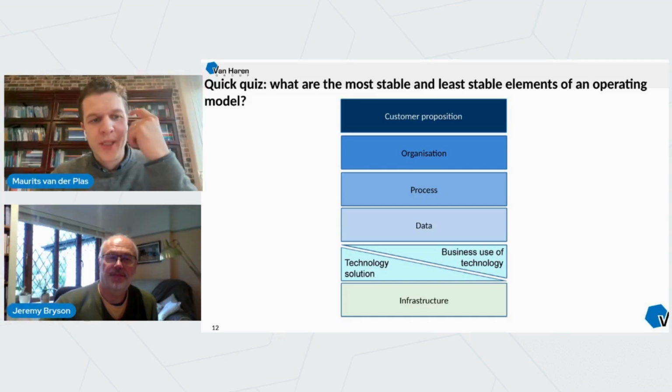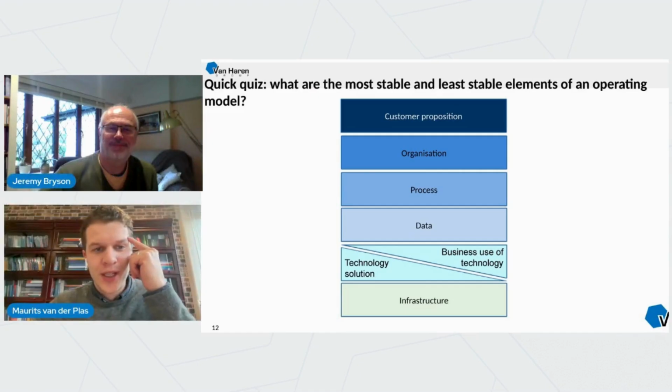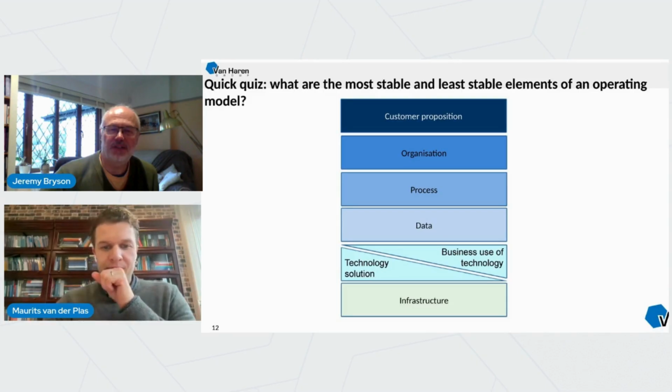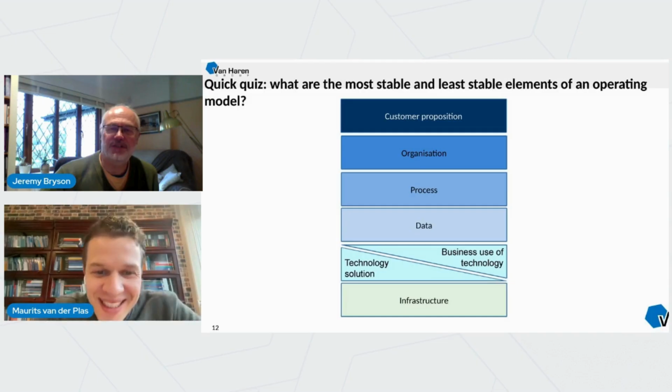Yes, I'll also come in and try to answer the question. Yeah, good. So which would you build around as the most stable, and which is the least stable in your experience when you're dealing with it? I would reckon that the infrastructure, it depends how you look at stable.